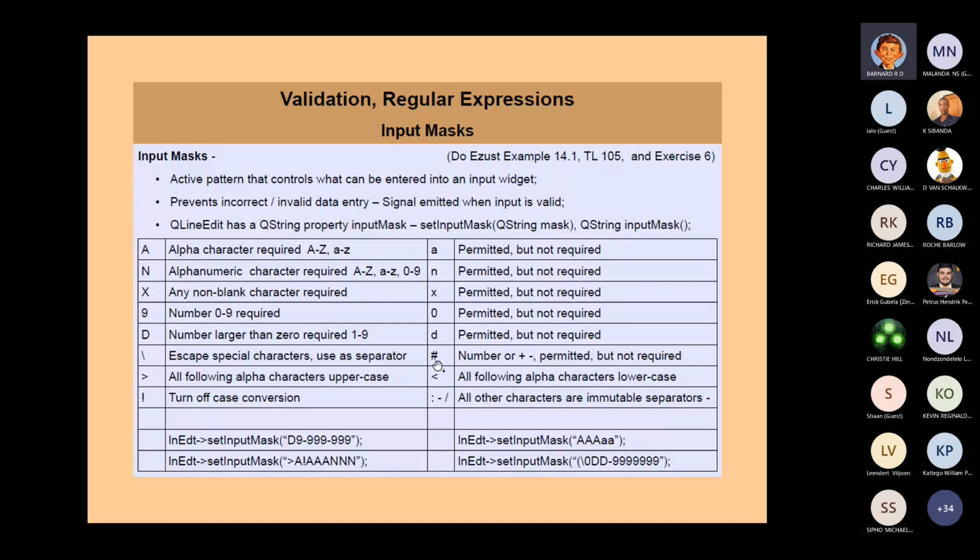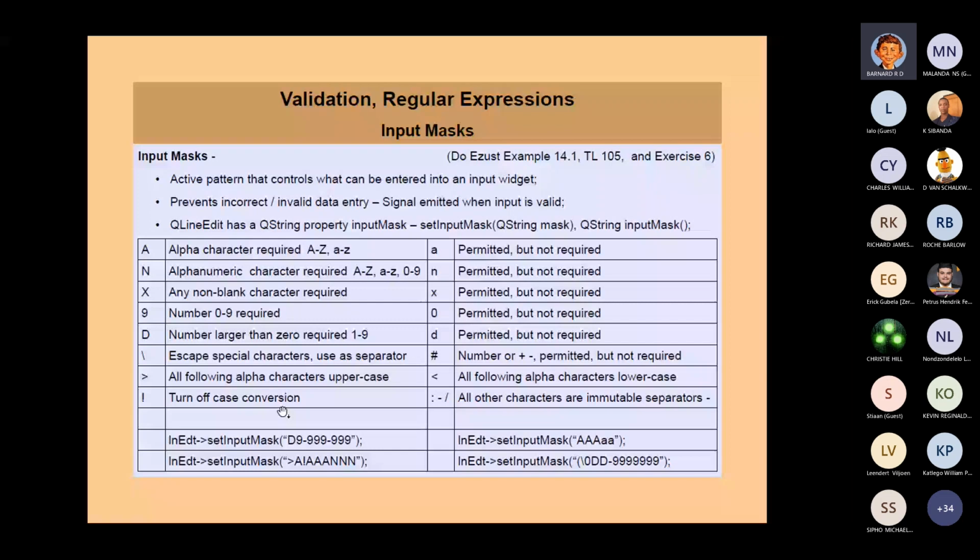Okay, then the hash means that a number or your plus minus signs are permitted but not required. And the greater than sign means that all following alphabetic characters must be uppercase, whereas the less than sign means that all following alphabetic characters must be lowercase. The exclamation mark turns off the case conversion.